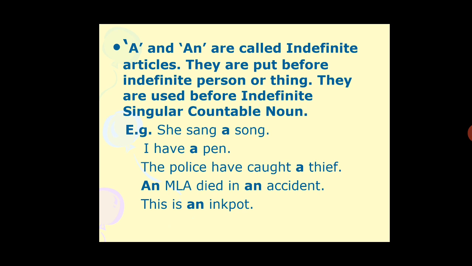Here you can see the article a has been put before song, that is a noun, a singular noun. Similarly, in the following sentences: I have a pen, the police have caught a thief, an MLA died in an accident, and this is an ink pot.